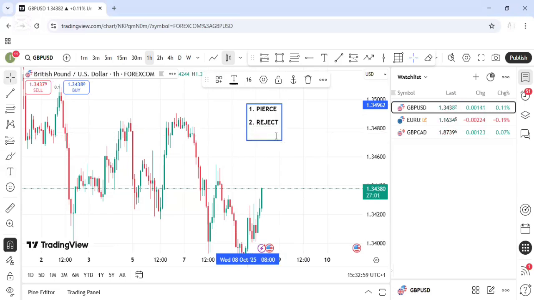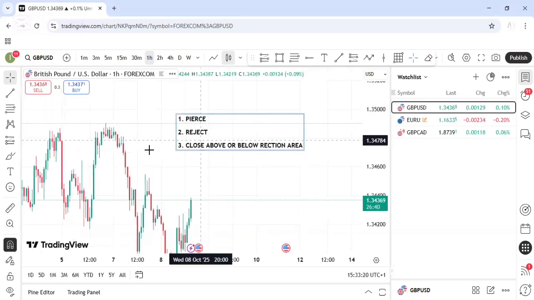Number three is it should close above or below the rejection area, right? You close above or below the rejection area. These are the three qualities that you should look out for every time you are looking for a storyline.